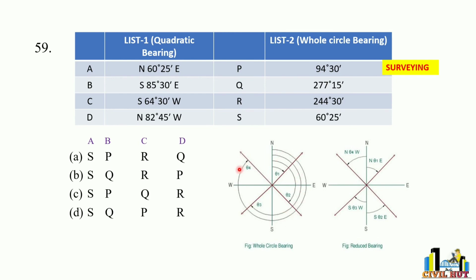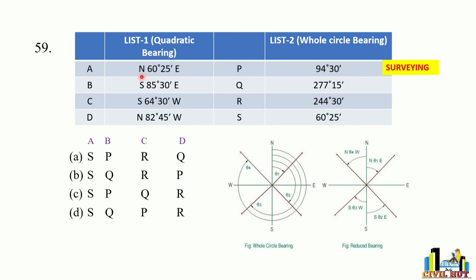In quadrantal bearing, the angles are measured in each quadrant: north theta 1 east, south theta 2 east, south theta 3 west, north theta 4 west. In each quadrant they measure the angle in that quadrant only.